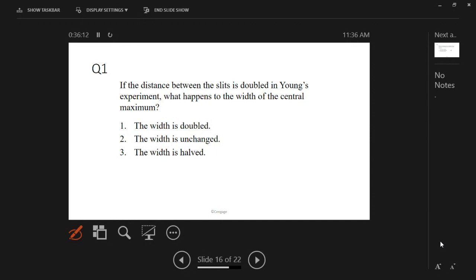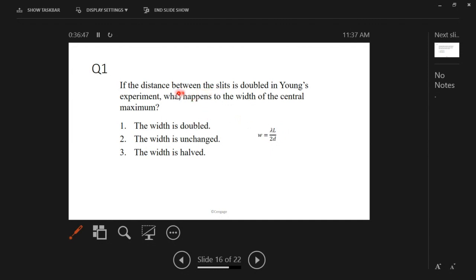So I'm going to move to the next question on the Nearpod, but before that, let's see what the answer to this question is. As I mentioned here, the formula for the width is lambda L divided by 2D. L is the distance between the screen and the slits, D is the separation between the slits, and lambda is the wavelength.